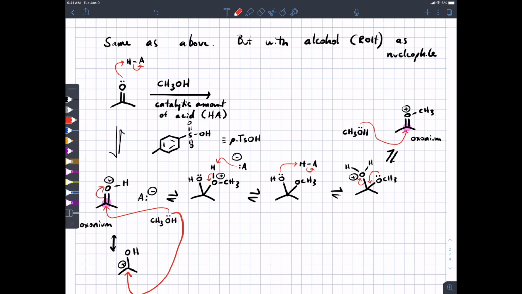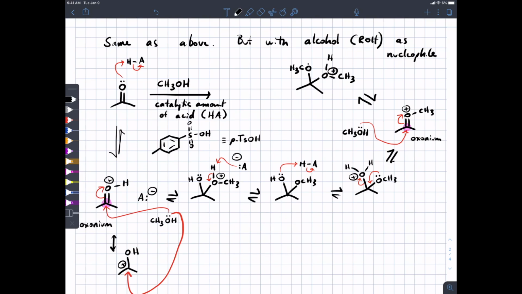A second equivalent of methanol can come in and attack as a nucleophile. That will give us a new tetrahedral intermediate with a positive formal charge on what used to be the methanol oxygen.